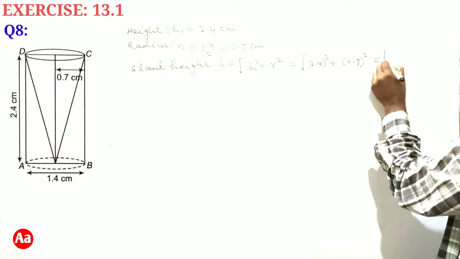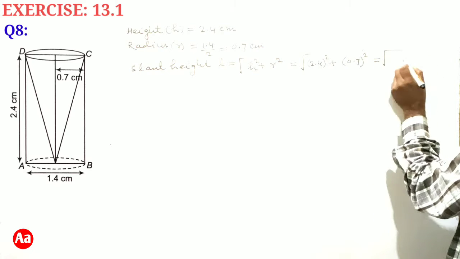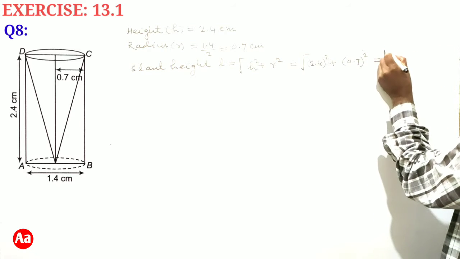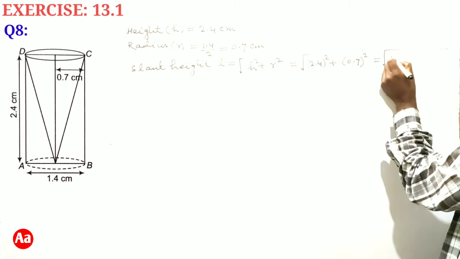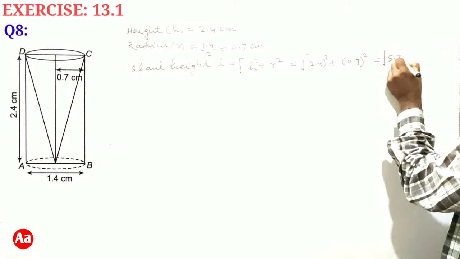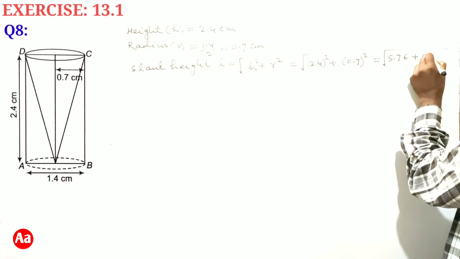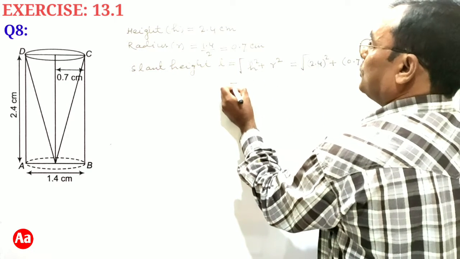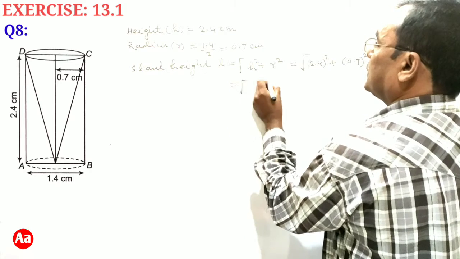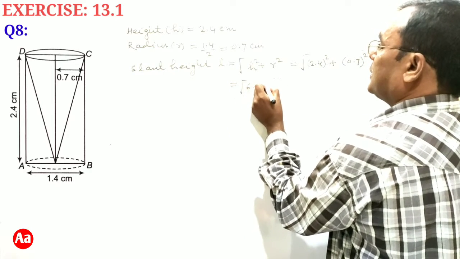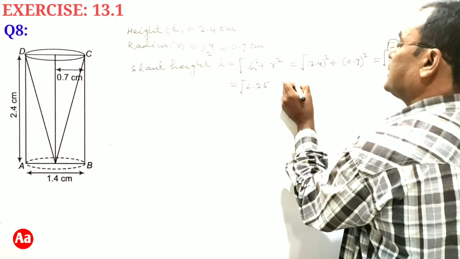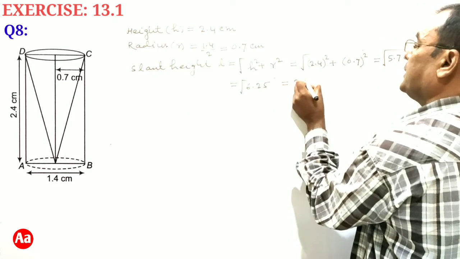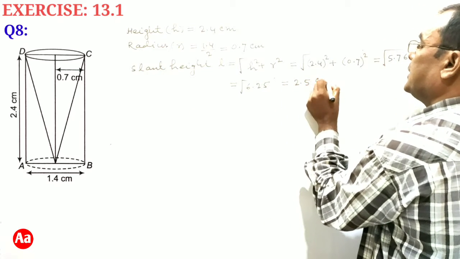This is further equal to under root 5.76 plus 0.49, which is under root 6.25, which is 2.5 centimeter.